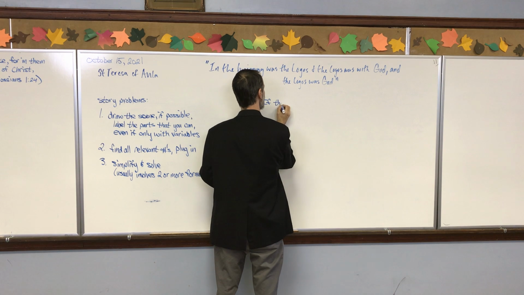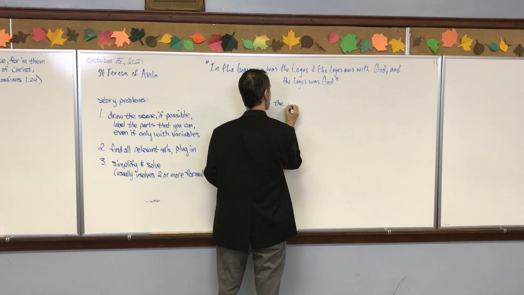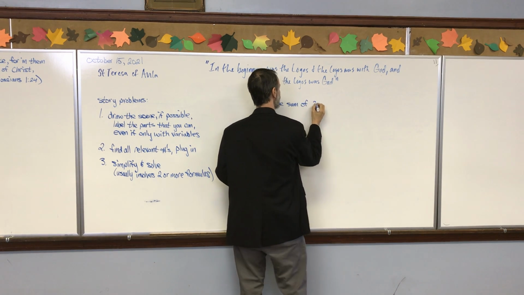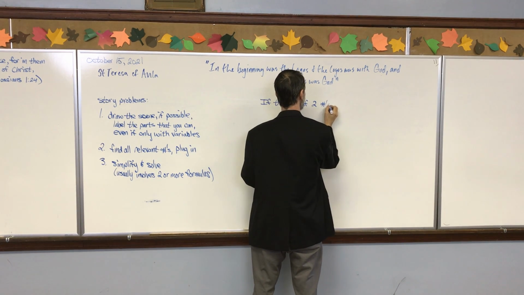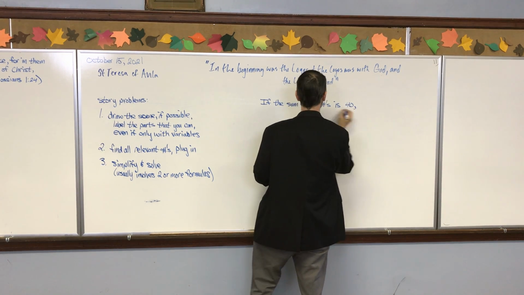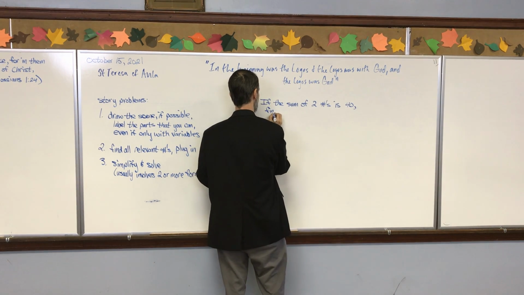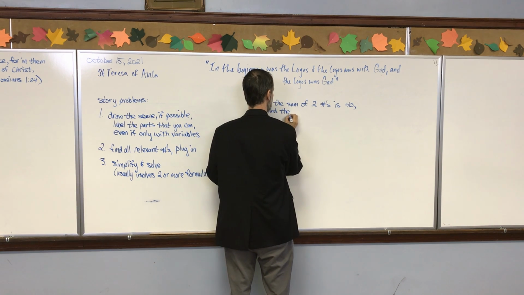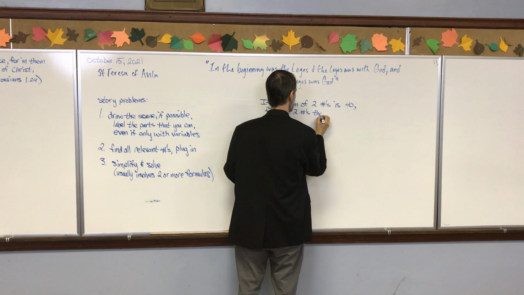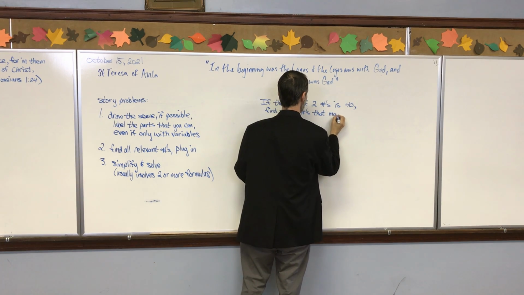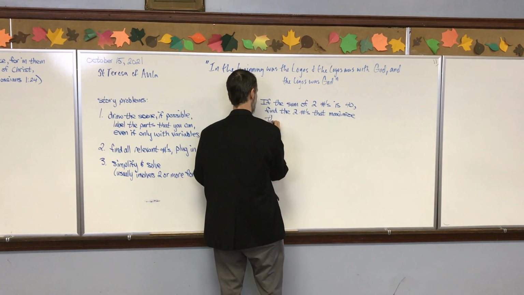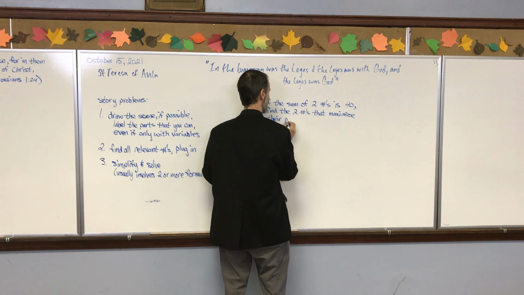If the sum of 2 numbers is 40, find the 2 numbers that maximize their product.